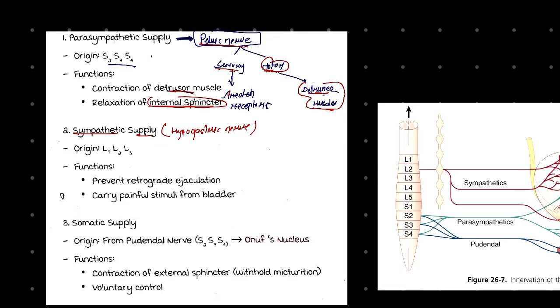Talking about the sympathetic supply, we need to learn about the hypogastric nerve, and its origin is L1 to L3. It supplies the blood vessels and is responsible for ureterorenal reflux, which we'll discuss at the end.